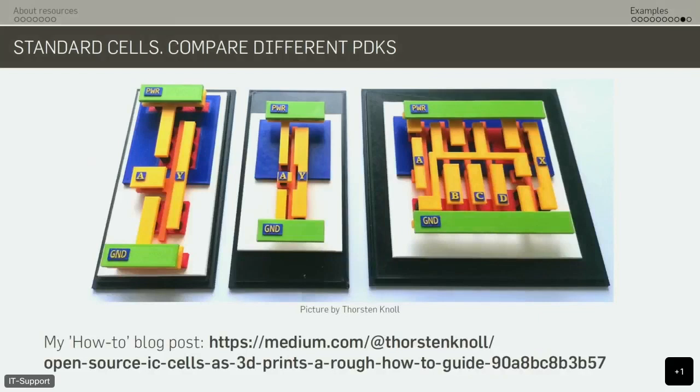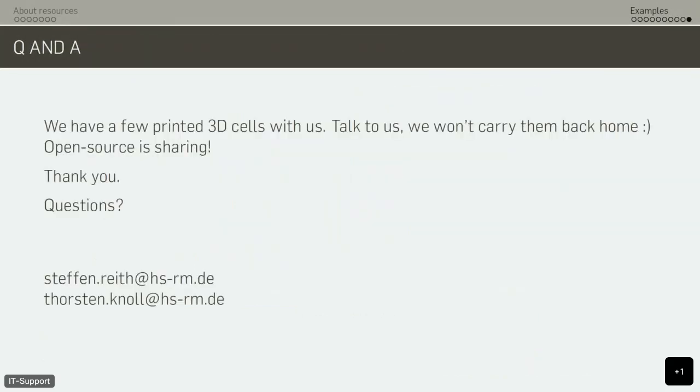I have some of them with me, a few in my bags, and I would love to discuss these models with you, looking at them and having a discussion about what could be made better, and sharing. I don't want to take them home. So give a good reason for me to give you one and be the first one.